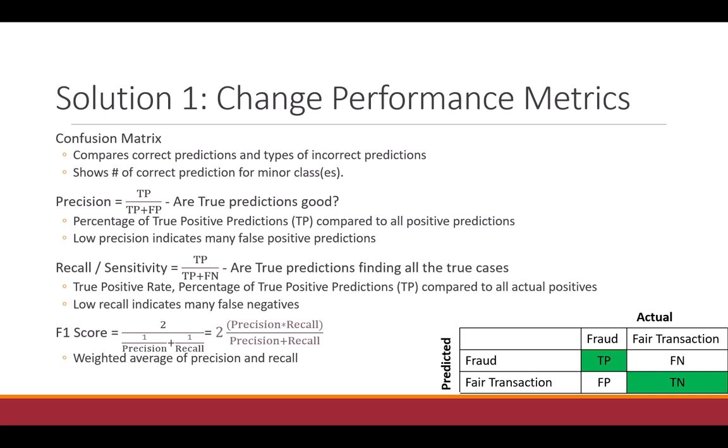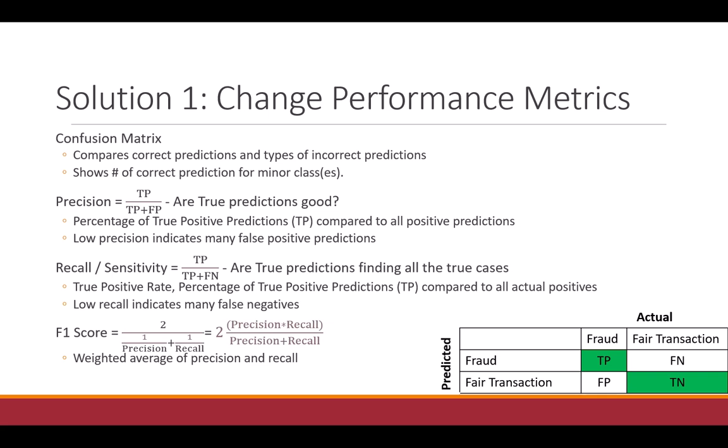In terms of sensitivity and recall, which is basically about true predictions that find all true cases, we are more concerned about false negatives, actually. So notice here it says true positive rate, the percentage of true positive predictions compared to all actual positives.